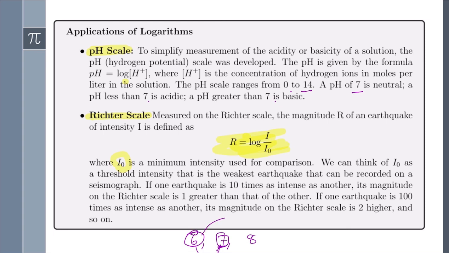If we move on to 8, which is 2 more, then that is 100 times. If it is 3 more, that's 1,000 times as intense. So that's how we use log to measure the Richter scale.